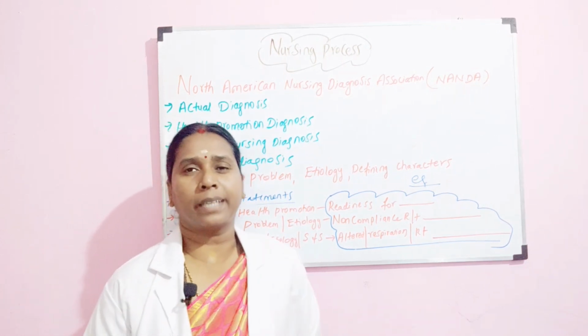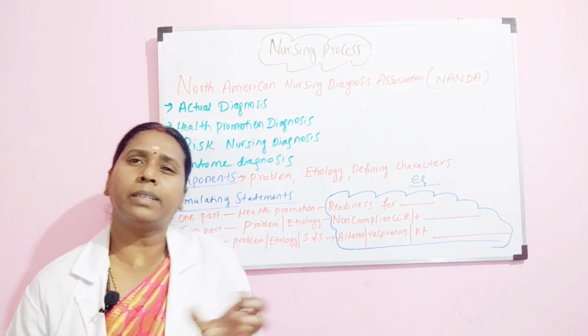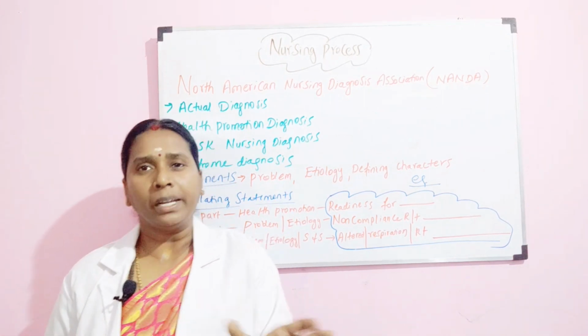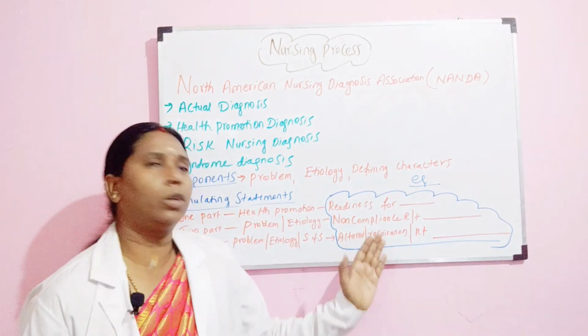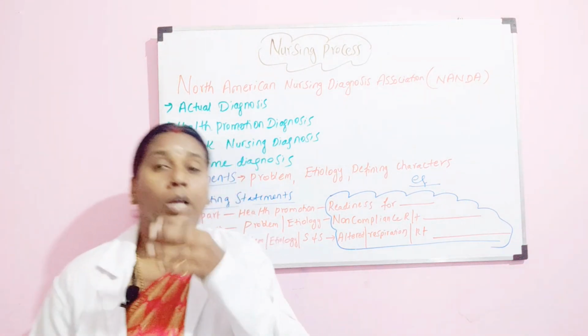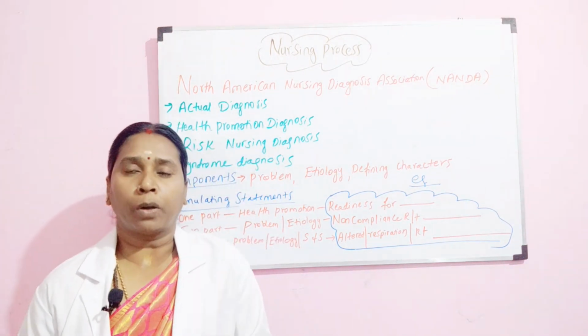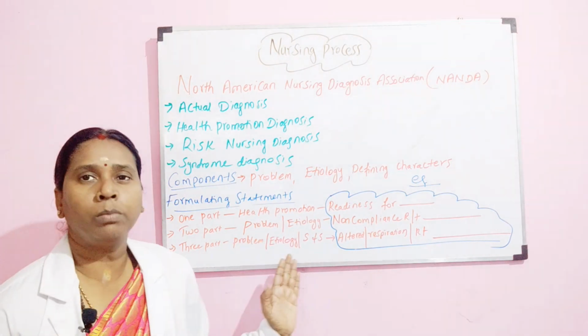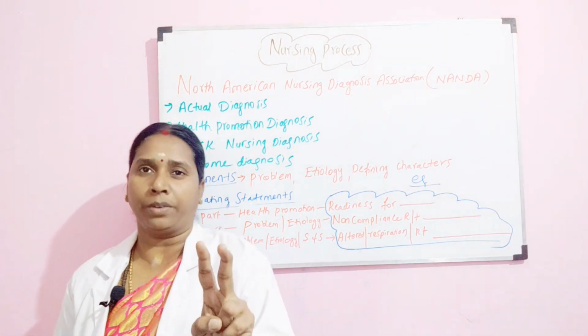All those things can come. So you will have non-compliance, that is like you don't maintain the factors. Okay, so that is your non-compliance related to. So whenever you have your two-part statement, you have your problem and the etiology. Only two areas you will face.